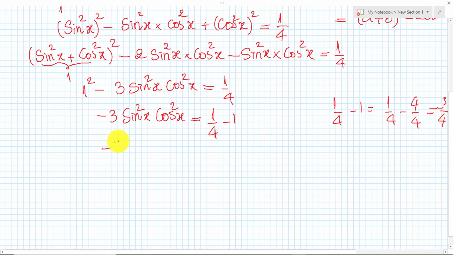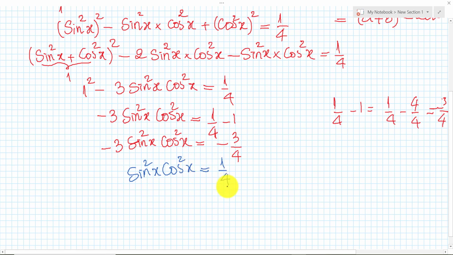Then we simplify the minus 3 on both sides, and we get sin^2(x) times cos^2(x) equal to 1/4.